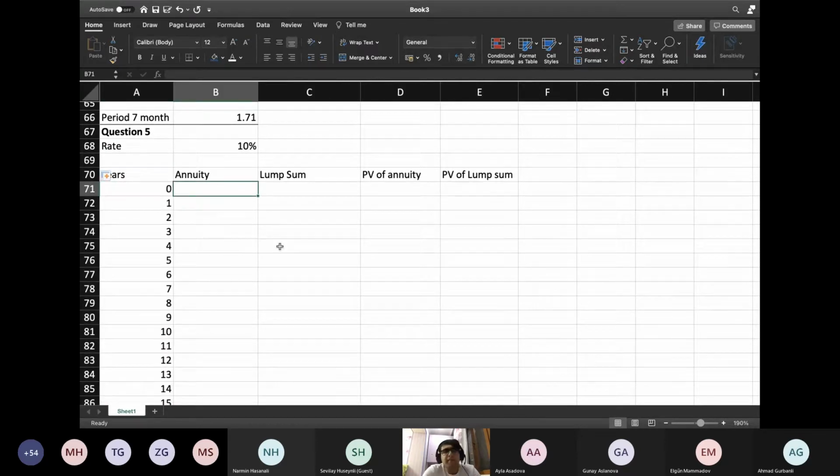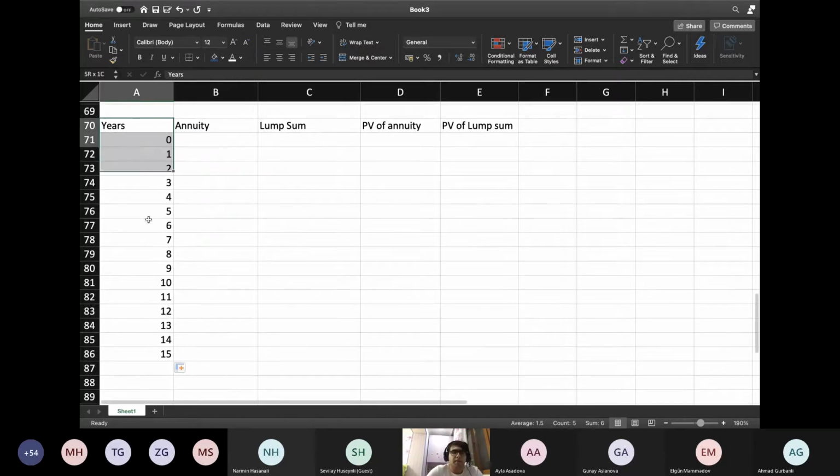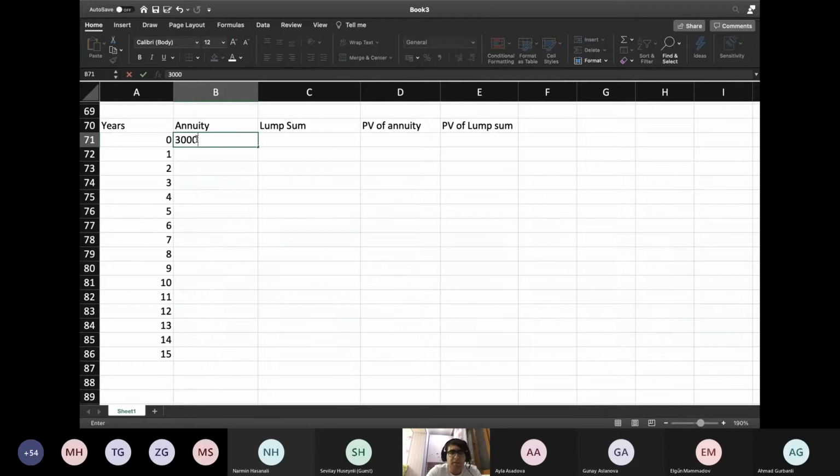So if the payments are made at year beginning, we should start from year 0. If it were year end, we would start in year 1. Guys, this is a timeline, by the way, an illustrated version of a timeline. Describe it in your mind as a timeline. So we have 30,000 here, paid here.